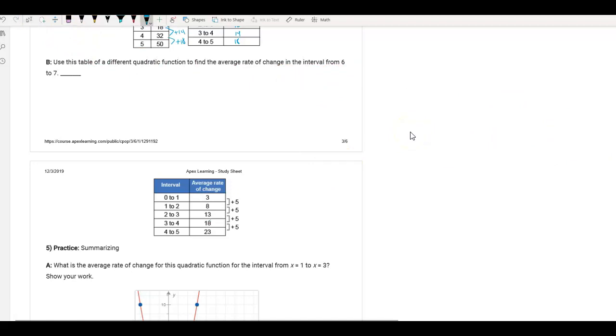So if we continue this pattern, 5 to 6, and then 6 to 7, we know it's going to go up 5 here, which makes that 28, and you know it's going to go up 5 more to make it 33. So the rate of change is 5, but the value would be 33. Okay?